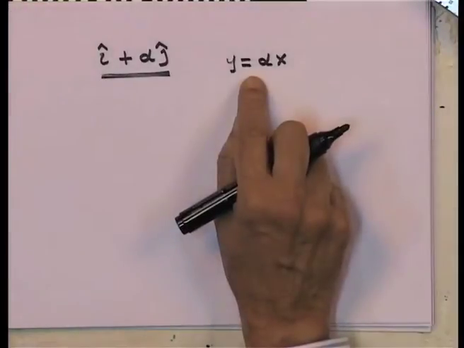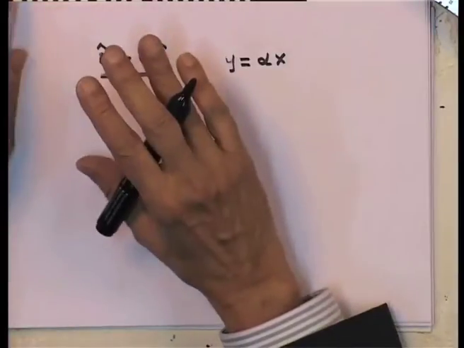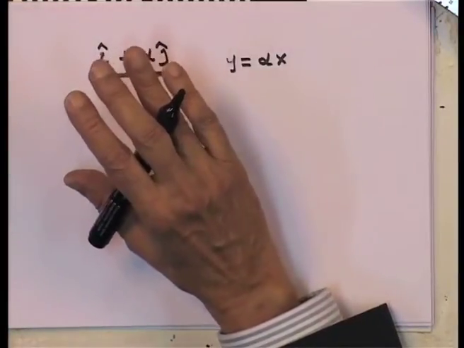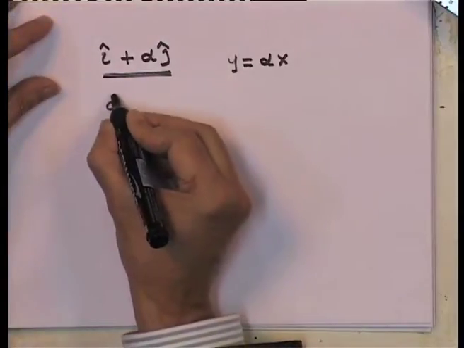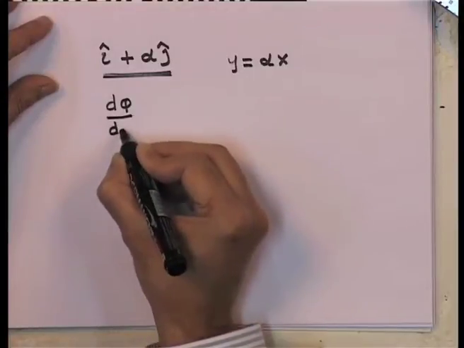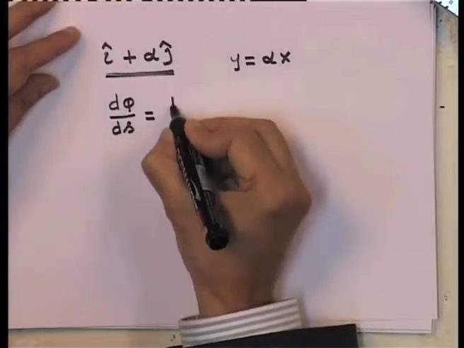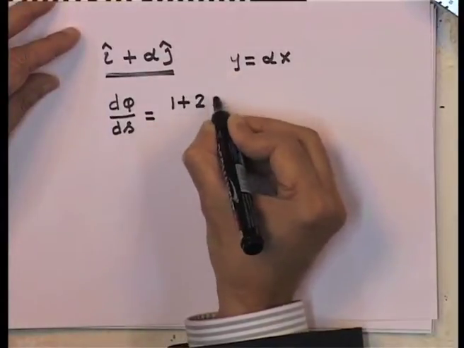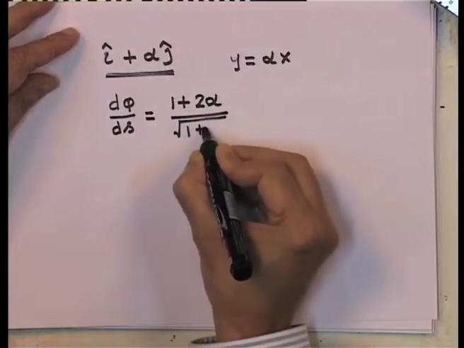Now, you can essentially repeat the same calculation that I did for the first part of the problem, and you can show that the directional derivative of the function phi, d phi by ds, along this direction is given by (1 plus 2 alpha) divided by root of (1 plus alpha square).